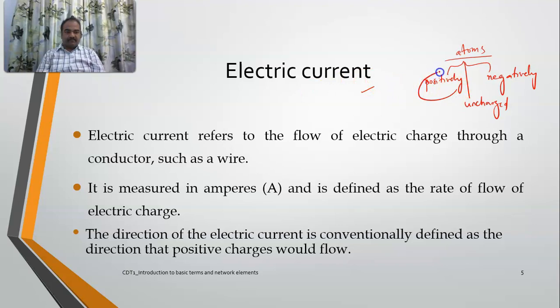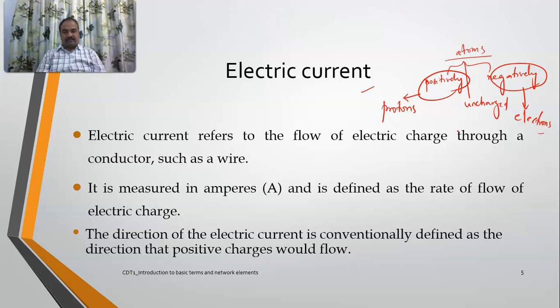The positive charges are generally represented by the protons, whereas negatively charged particles are represented as electrons, which means that these charges do exist freely in nature, but their movement is governed by different factors.